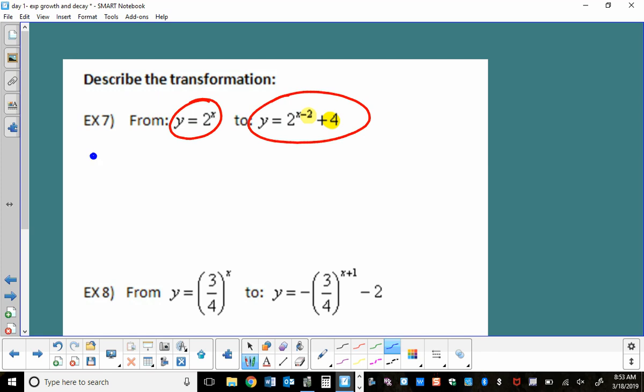That minus 2 tells me to do what? Do I go left or right? Right 2. You guys can look back at your transformation notes if you need to. Whatever's with your exponent is telling you left or right. And what is that plus 4 telling me? Up 4. My k always tells me whether I go up or down.